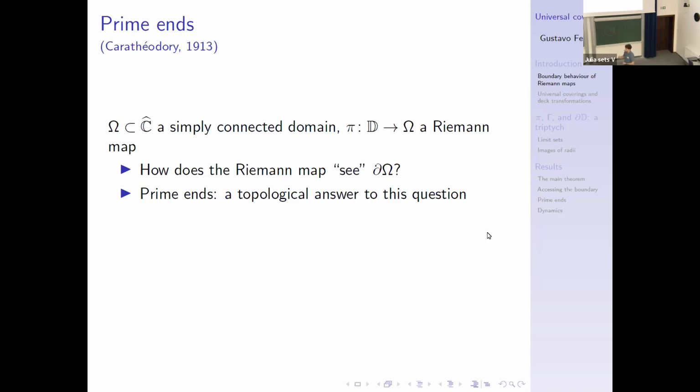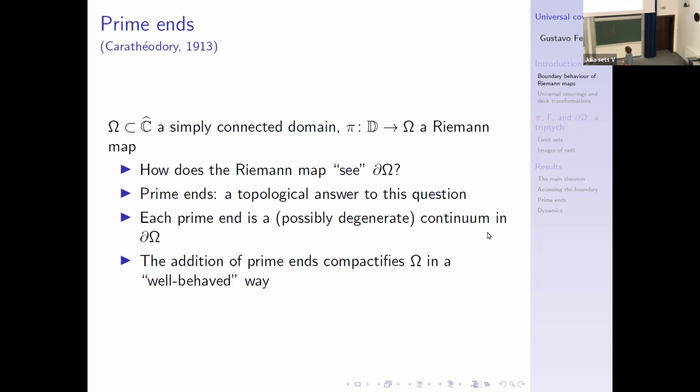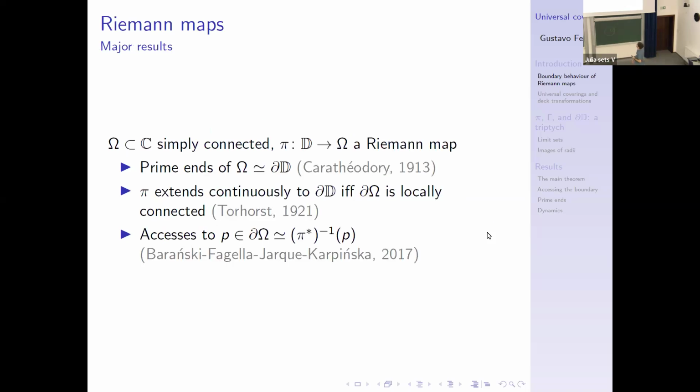It's going to be some set that sort of represents what the boundary looks like for the Riemann map, right? Each prime end is going to be some maybe degenerate continuum on the boundary. And if you take the domain and add the prime ends, you're going to compactify the domain in a very well-behaved way, right? What does well-behaved mean? It means that it behaves very nicely with the Riemann map.